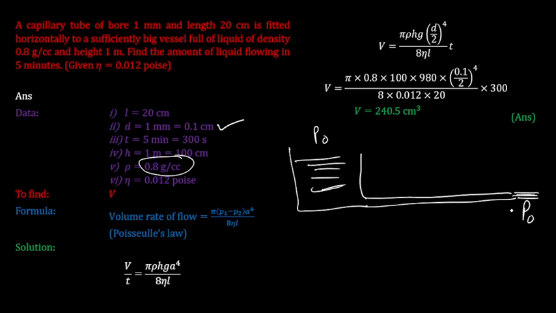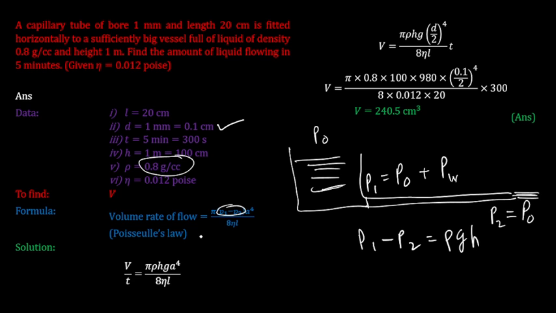So we have already seen that if the pressure at the open end is P2, the pressure at the opposite end, which is P1, is the atmospheric pressure plus the pressure due to the weight of the liquid. And then the pressure difference P1 minus P2 is simply rho g h, as we have seen in the previous problem. So in Poiseuille's equation, which contains the pressure difference, we replace it by rho g h.